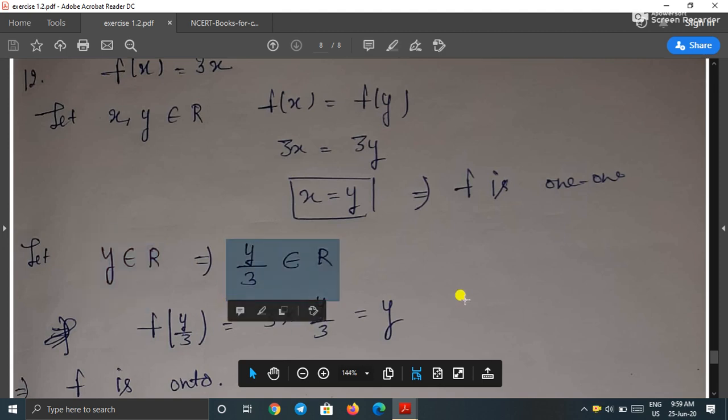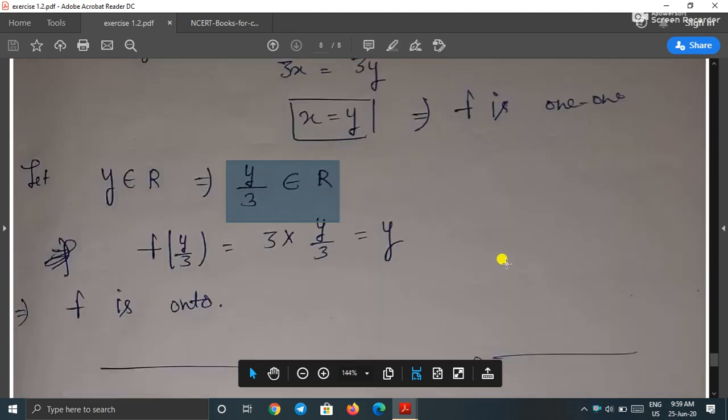I am again repeating this statement that y is the image of y upon 3 and y upon 3 is the pre-image of y. So each point has a pre-image. This shows that the function f is onto.